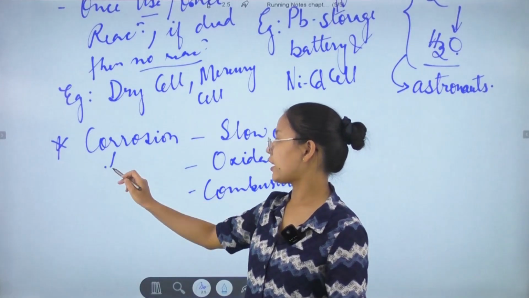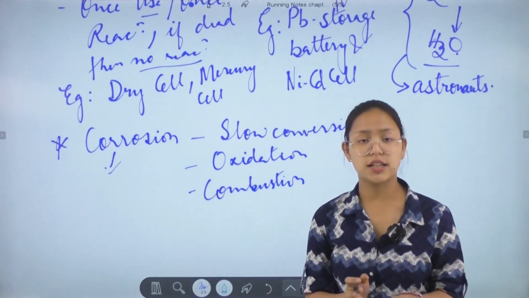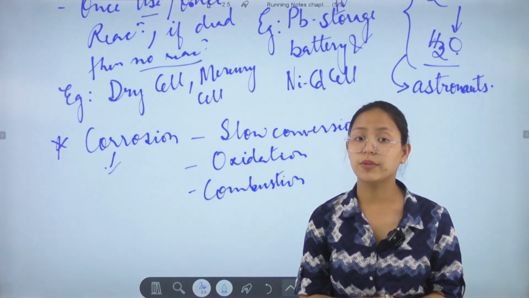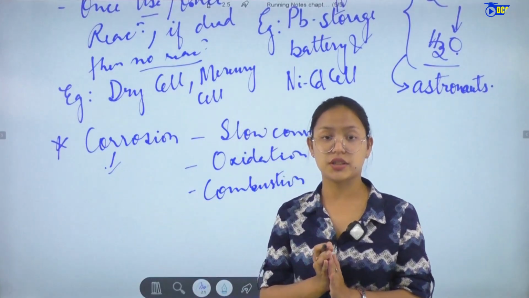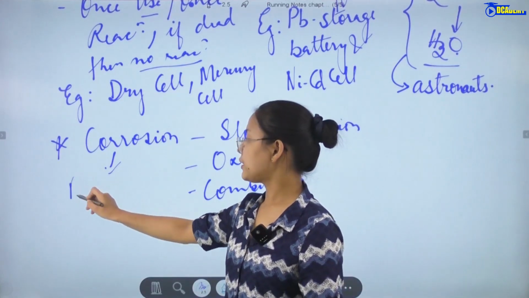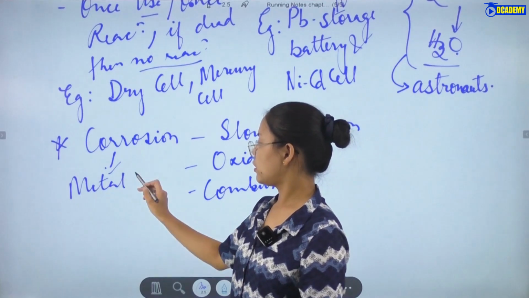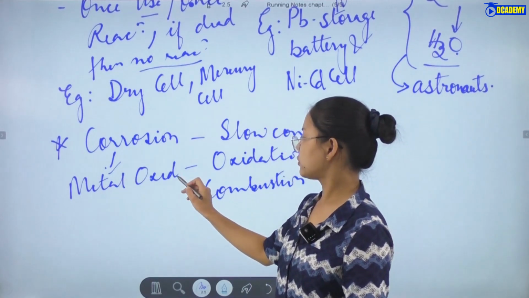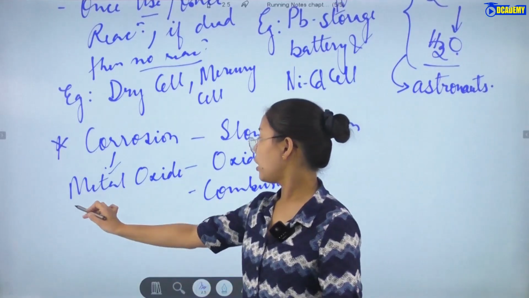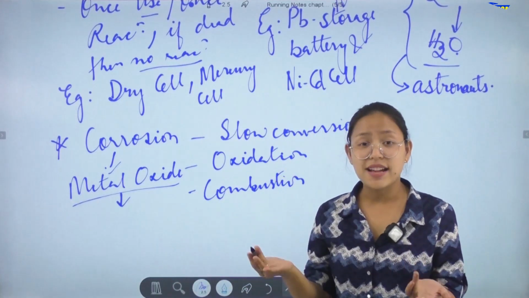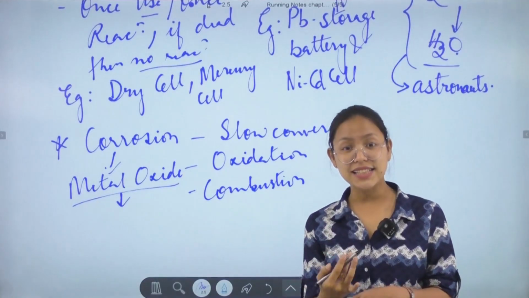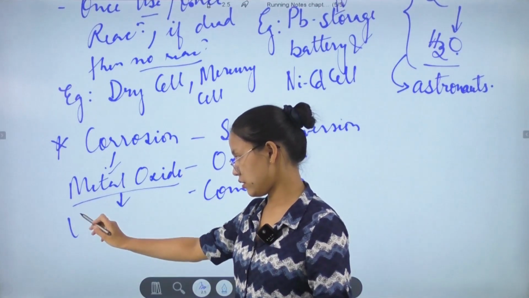In corrosion, there will be the formation of undesirable metal oxide. Will it be a desirable one? No, it is undesirable.